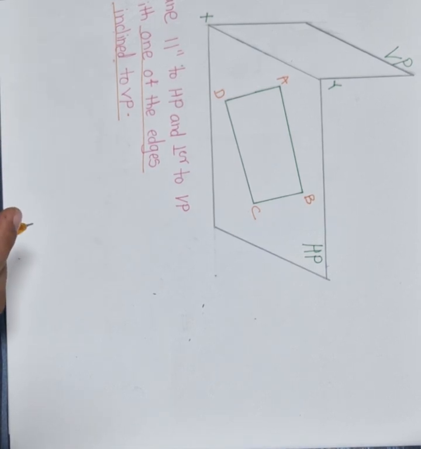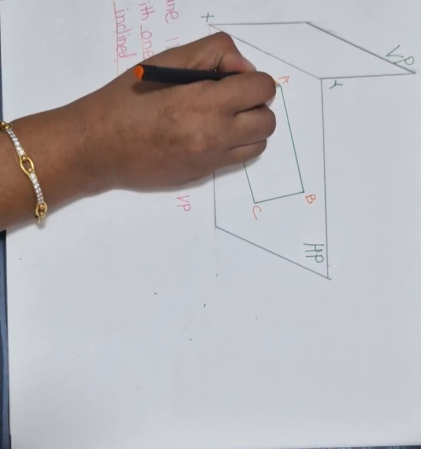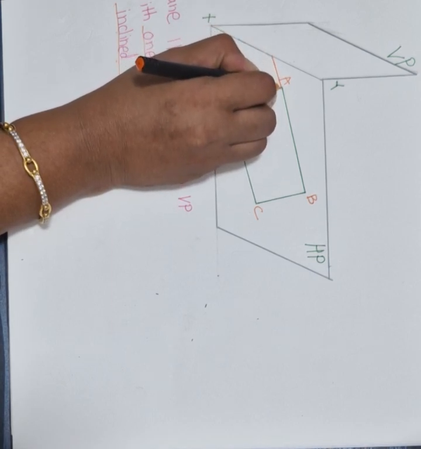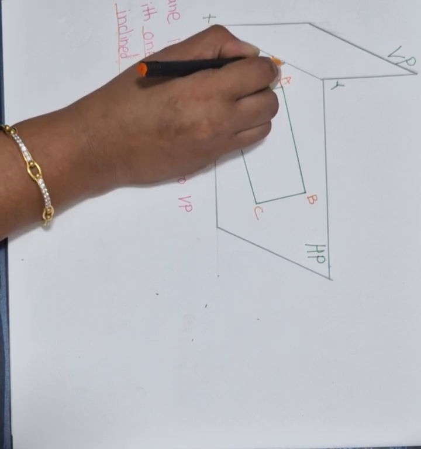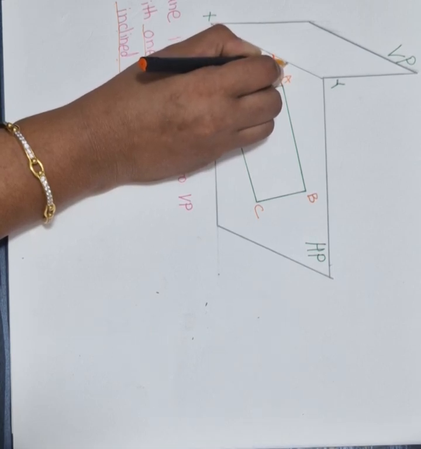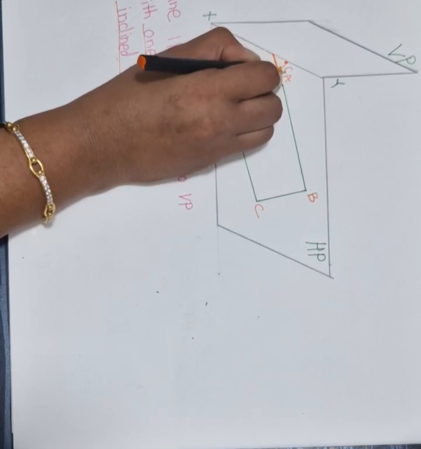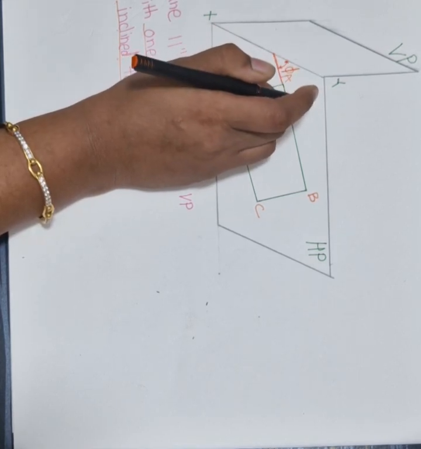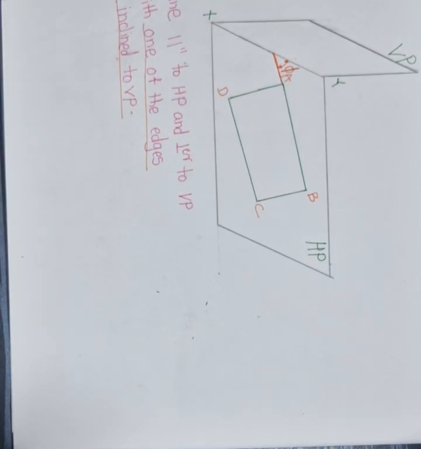Now as we can see in the drawing, this longer edge is making an angle with the VP denoted by phi. So the angle with the VP we denote by phi.